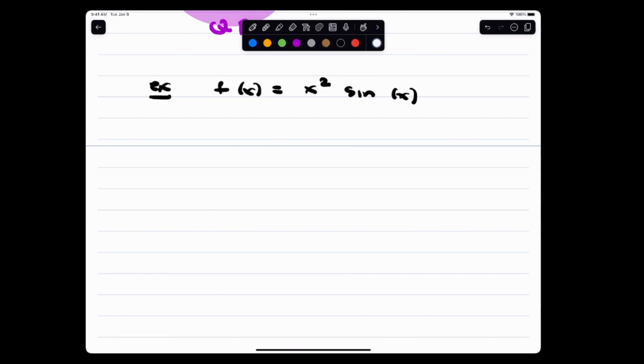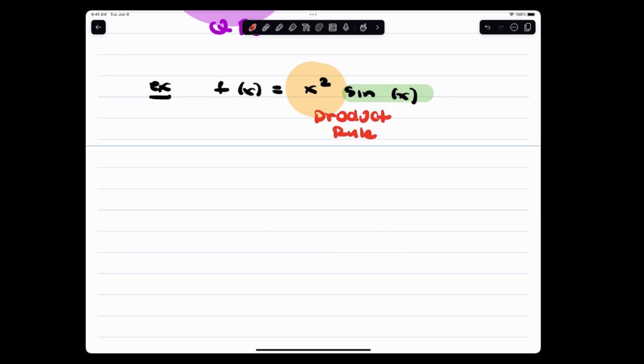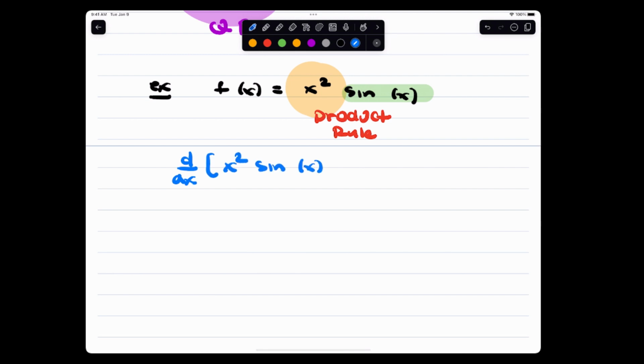Well, what do you guys think you would use? Anybody start working with that homework? Which one? Any of them? Product rule. So I'm going to actually use my operator notation, okay? I think this is really helpful.